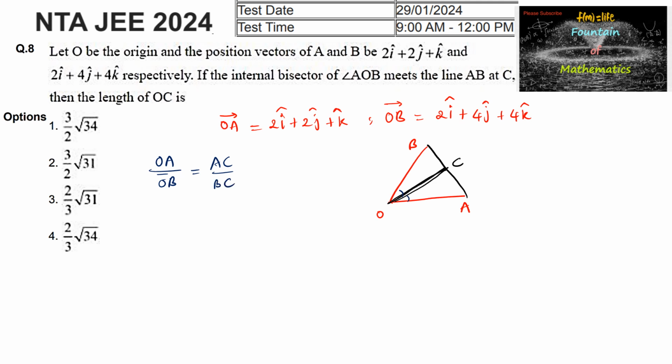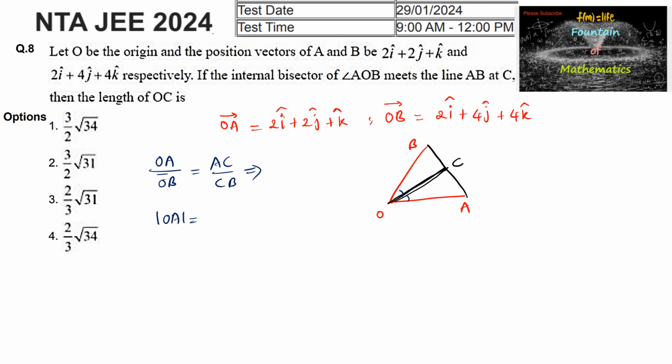So we can say that AC and BC divide in the ratio OA is to OB.